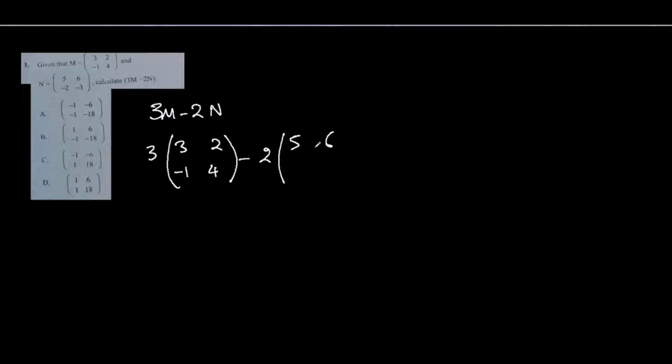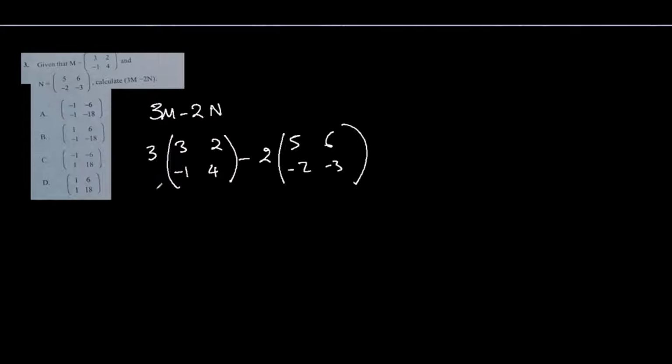In question 3, we have to find 3m minus 2n. So m is given to us, we'll write 3 outside. M is 3, 2, minus 1, 4, minus 2, and n is 5, 6, minus 2, minus 3.